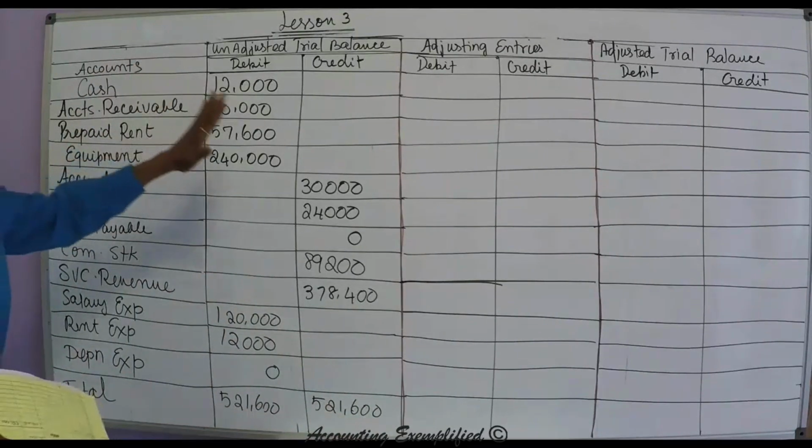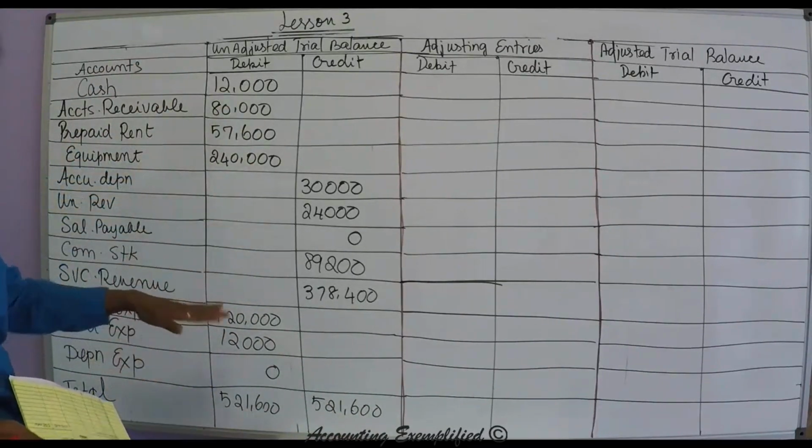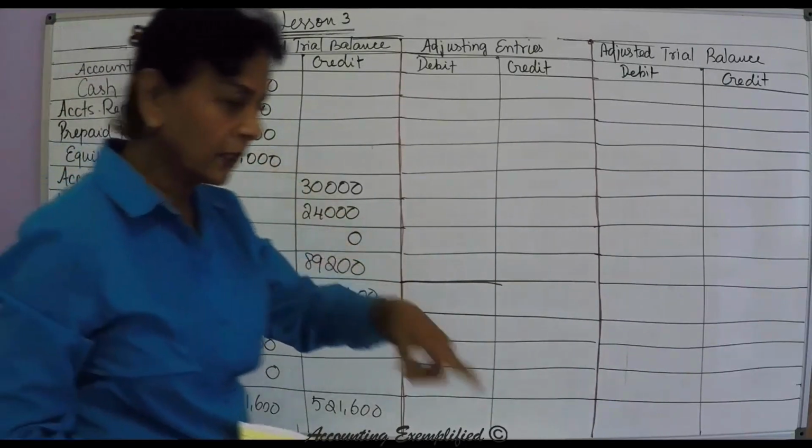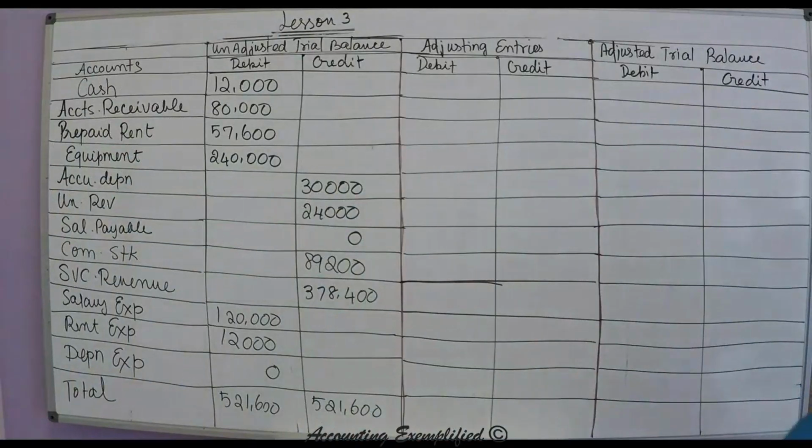Okay, so these are all the account balances from the unadjusted trial balance which was given in your illustration.